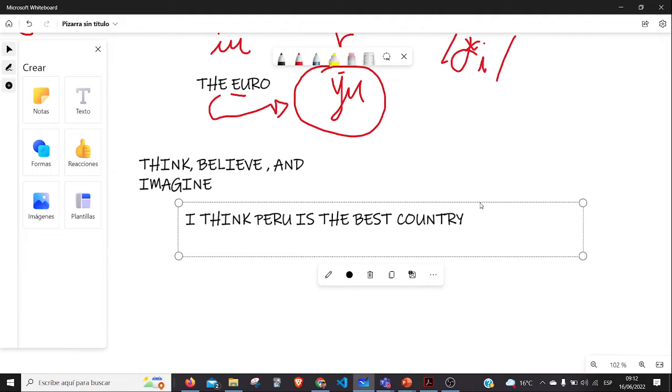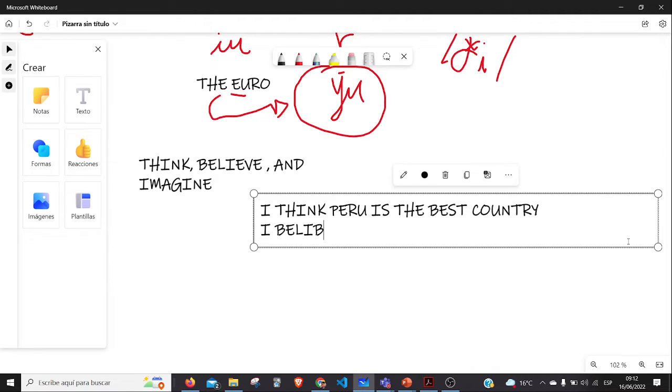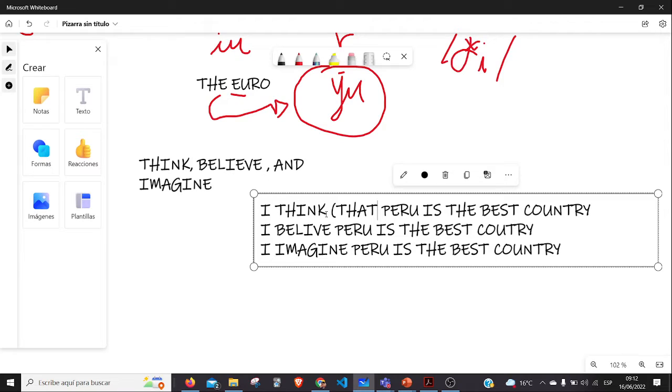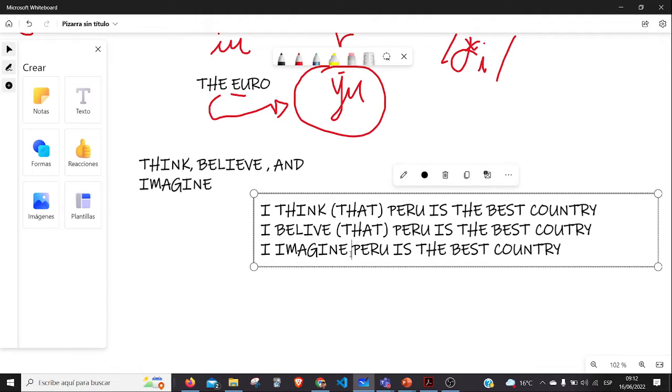Yeah, so you can say, for example, I believe Peru is the best country. ¿Cómo sería con imagine? Imagine Peru is the best country. Yeah, so you can omit if you want. You can say, I think that is optional. I think that, I believe that. This is optional, Charles. If you want it, you can say it. If not, don't do it.